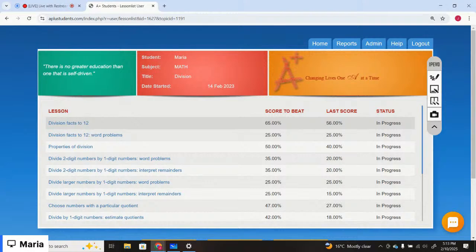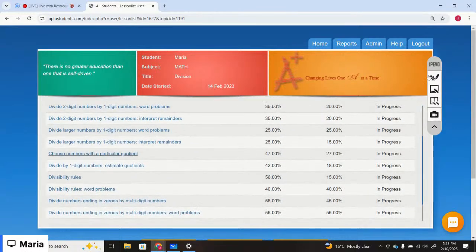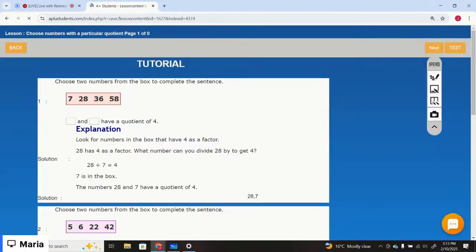The next lesson is choose numbers with a particular quotient.